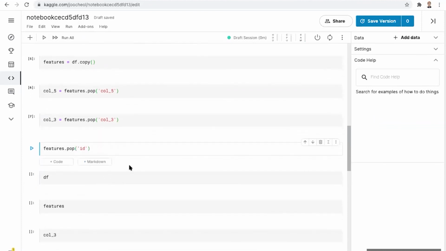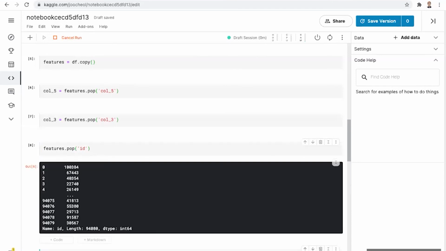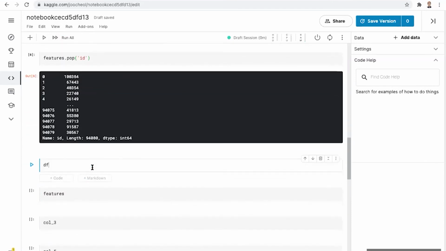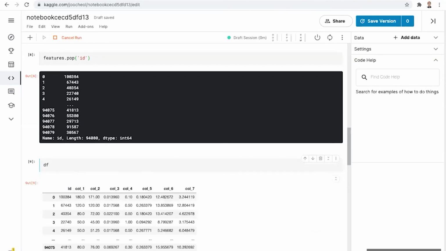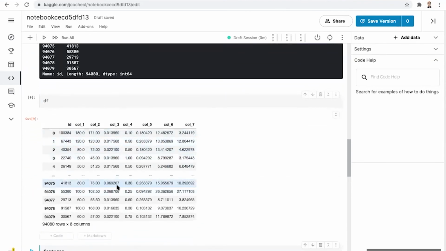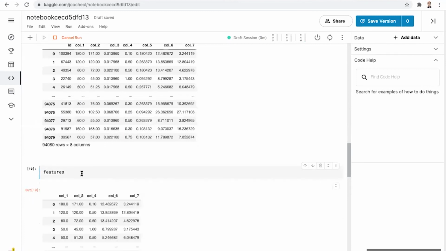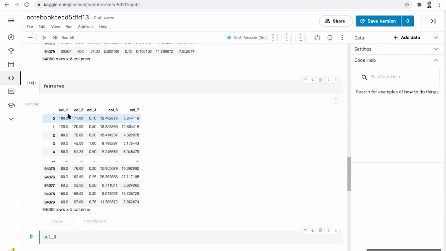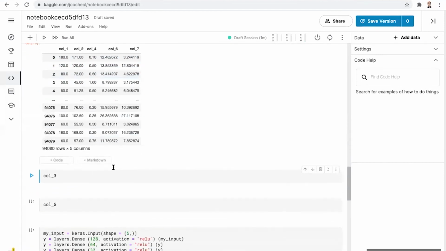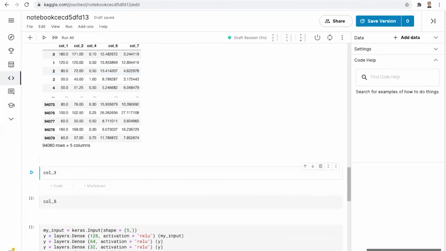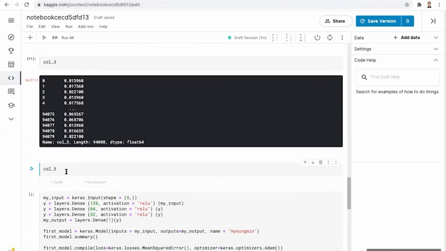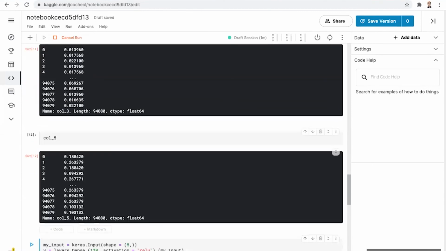And since we don't need the ID column, we just take it out and then see our data manipulation is correct. So it's df, the original version. And then my X has 5 columns, and column 3 is here, and column 5 is here.